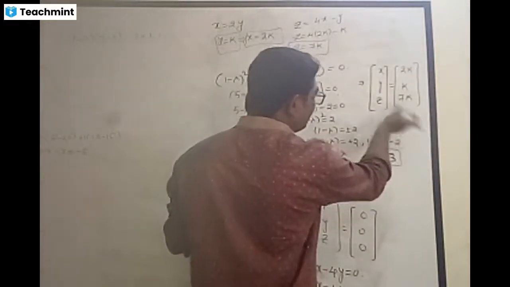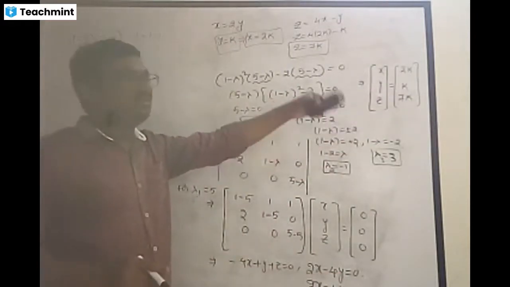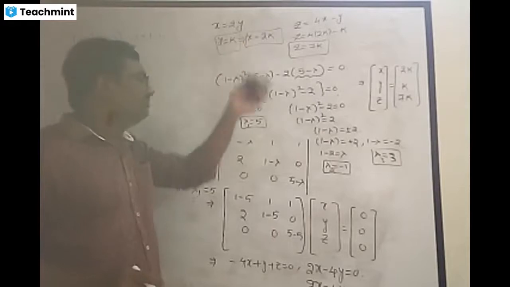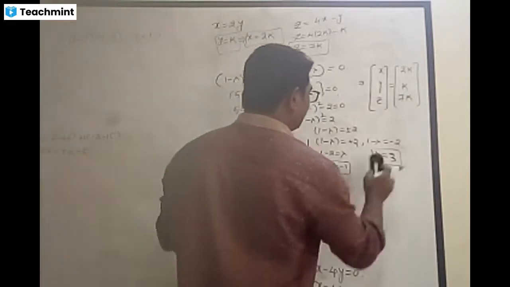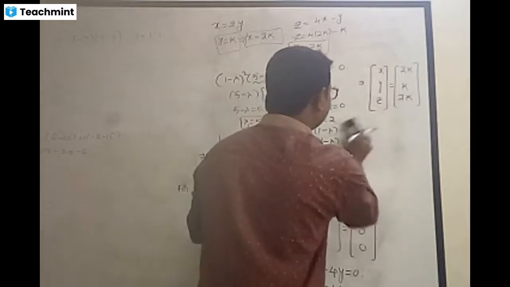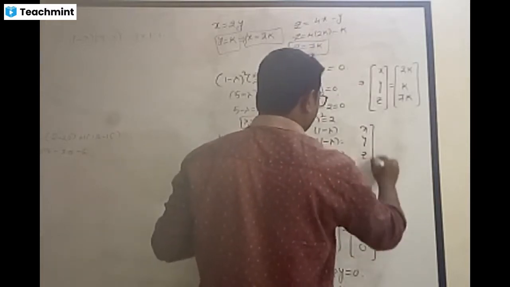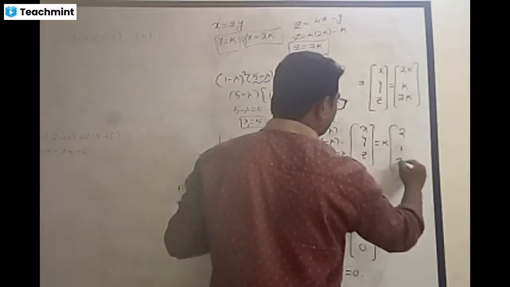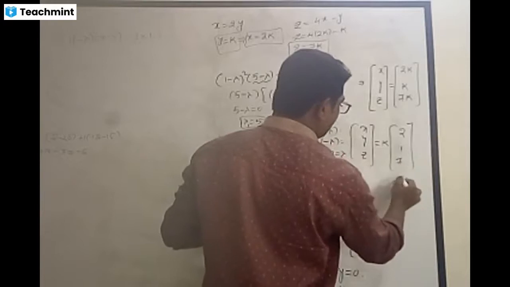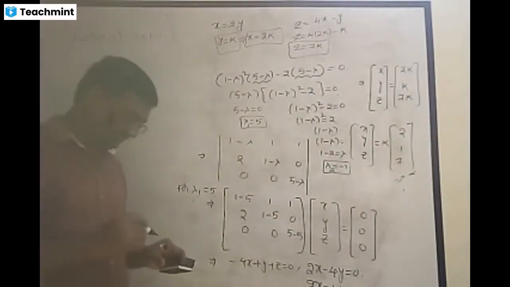Otherwise, you can take k common out and we get (2, 1, 7). (2, 1, 7) is one of the eigenvectors of the matrix A. So x, y, z equals k times (2, 1, 7). This is one of the eigenvectors. I can put k as any value.